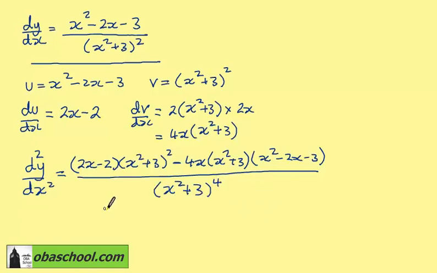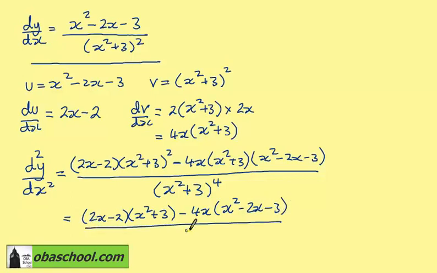We can do a small amount of cancelling. We get (2x minus 2)(x squared plus 3), take away 4x into (x squared minus 2x minus 3), all over (x squared plus 3) cubed. So I've cancelled one of these off with one of those and this one.